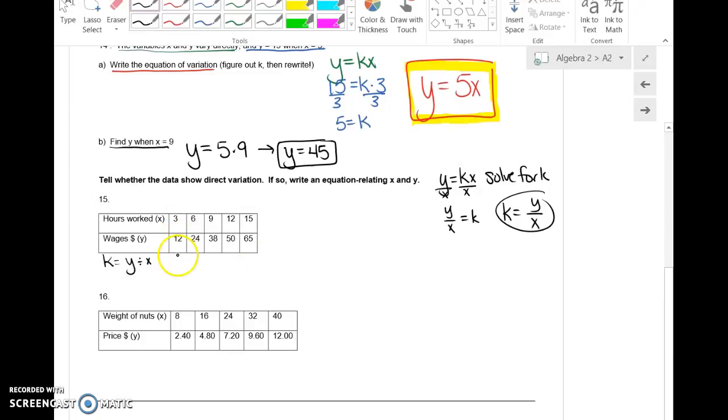So 12 divided by 3 is 4. 24 divided by 6 is 4. Looking good so far. 38 divided by 9 is, I think, like 4.2 something. 50 divided by 12 is 4.16 repeated something. What do you notice? They aren't the same. So this is not direct variation.